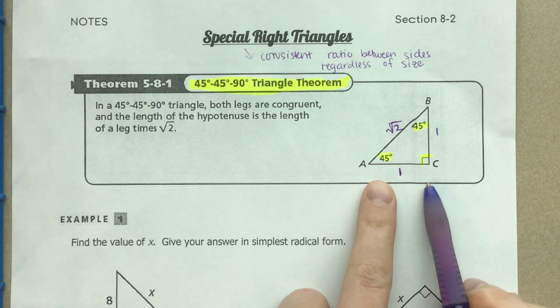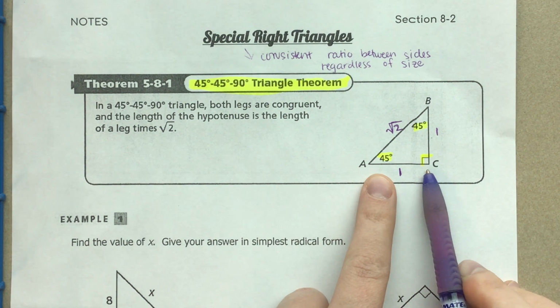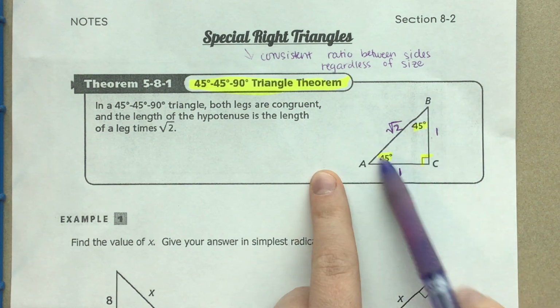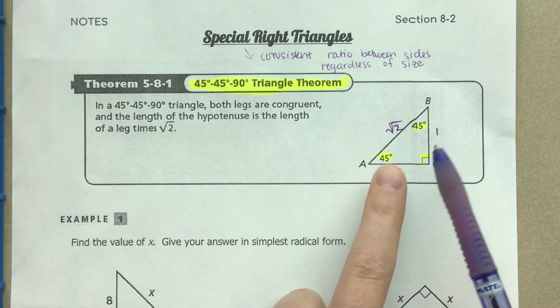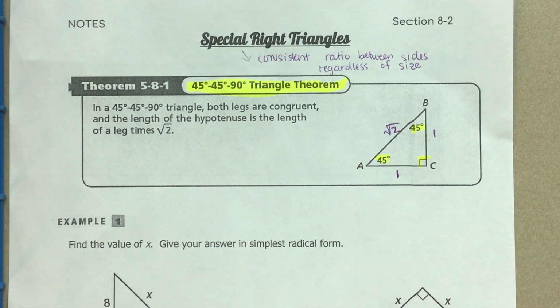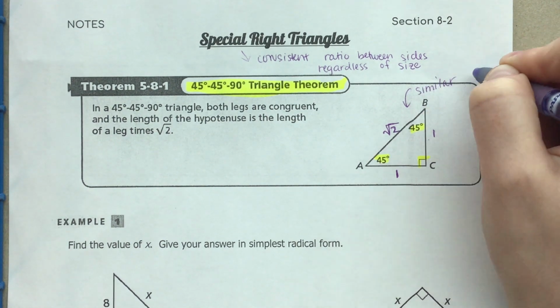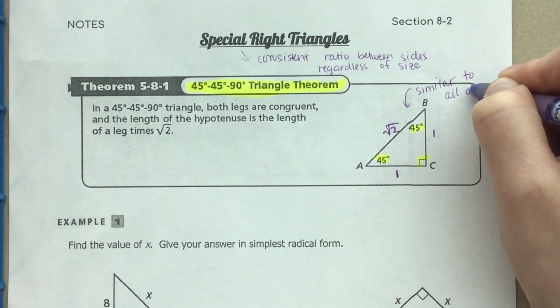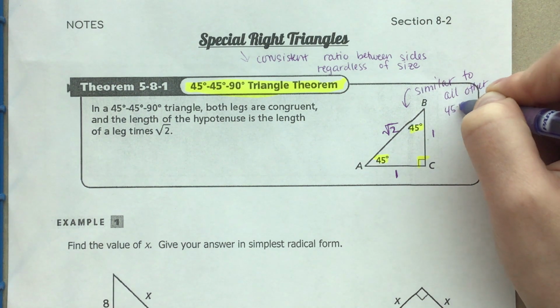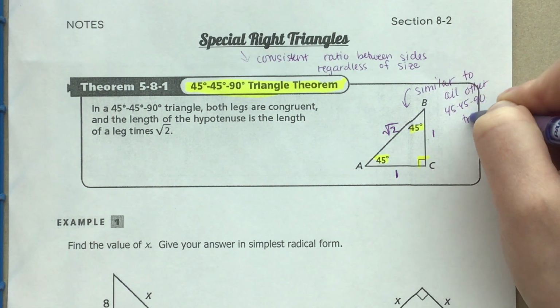So if this is what every 45-45-90 triangle can be reduced to, then I can say this triangle is similar to all other 45-45-90 triangles.